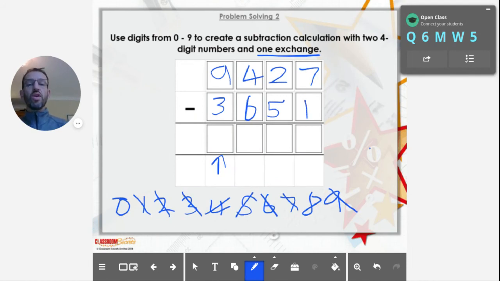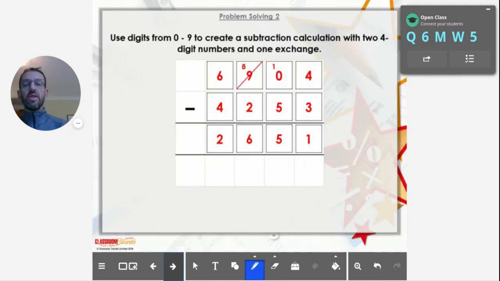I've all of a sudden got 2 exchanges, and it's asking me for 1 exchange. This one doesn't need an exchange. This one does. You're going to need to borrow or exchange. And that's in 2 columns. And they're asking for 1 exchange. So make sure you get that right.